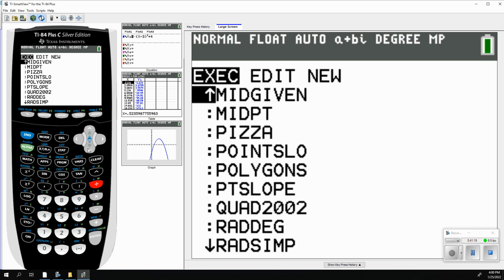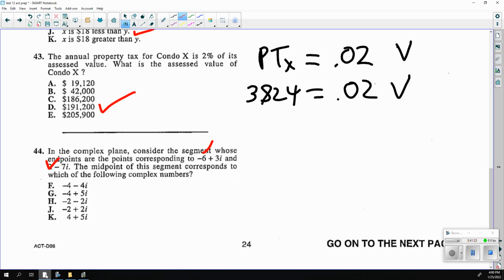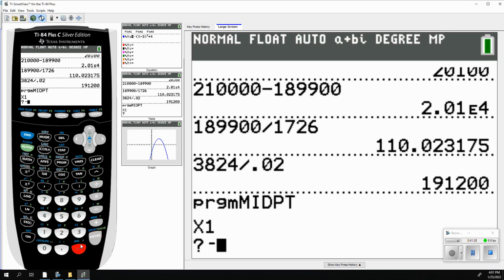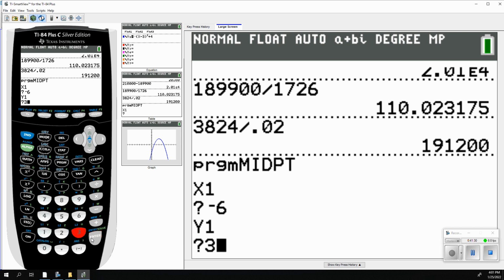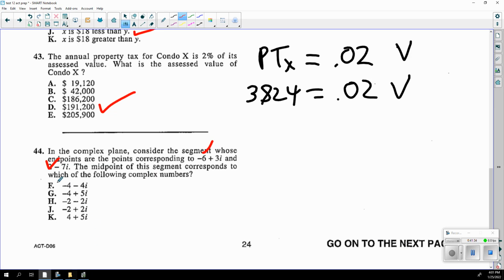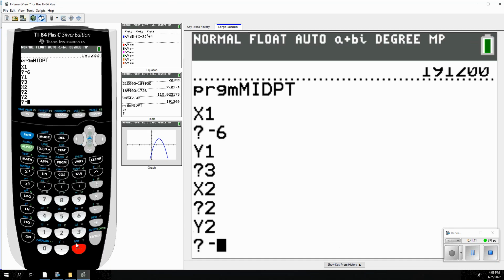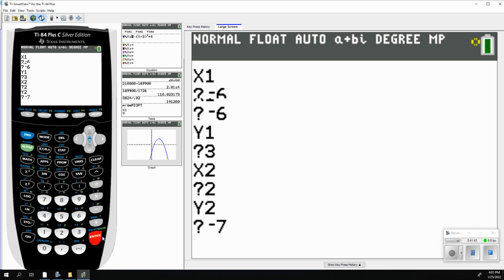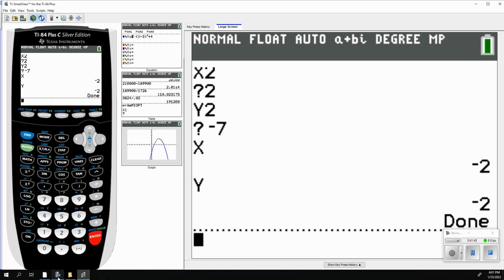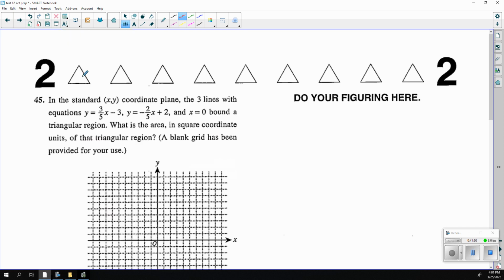We haven't been using midpoint terribly much lately on this test, and it used to be a staple, but enter -6, 3 for the first number, and for the second number, what is that? 2 and -7. Huh? So the left-handed midpoint there, the answer is -2 minus 2 is H.